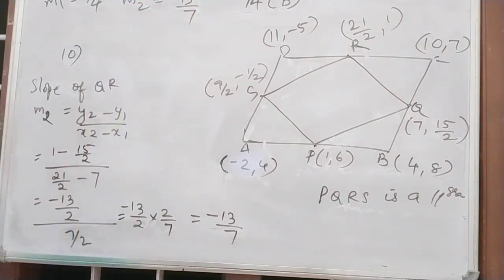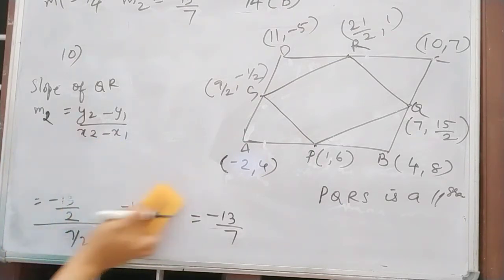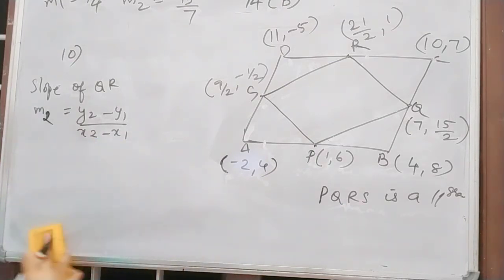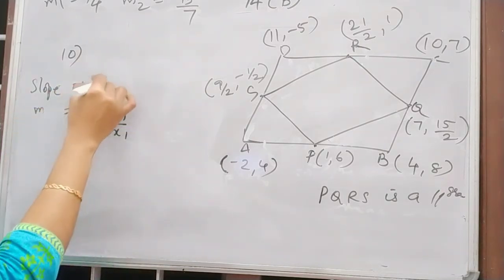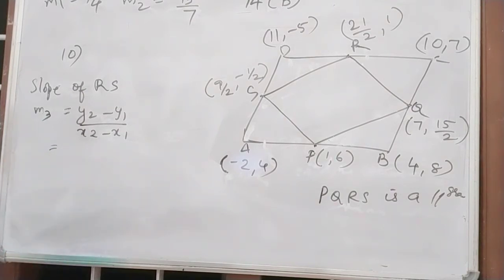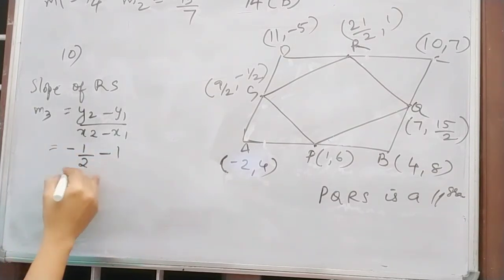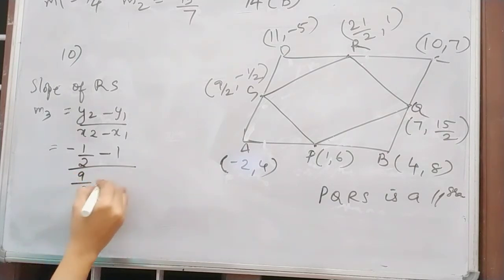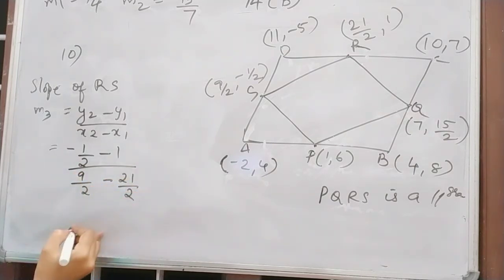Then similarly we can find m3, that is the slope of RS. Slope of RS, m3, is equal to y2 minus y1 divided by x2 minus x1. That is negative 1 by 2 minus 1 divided by 9 by 2 minus 21 by 2.